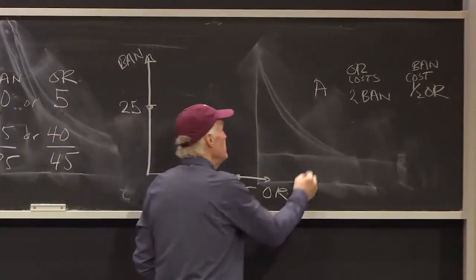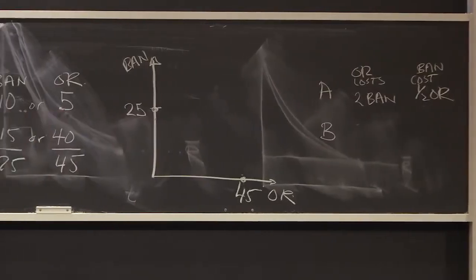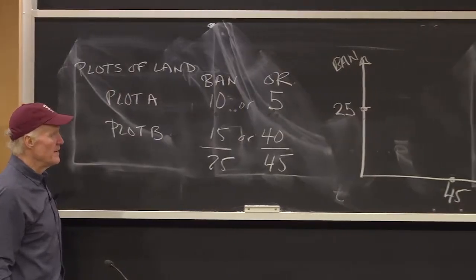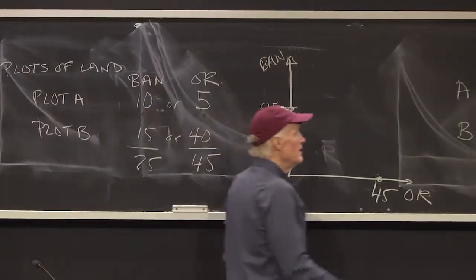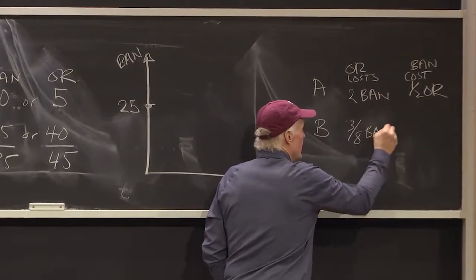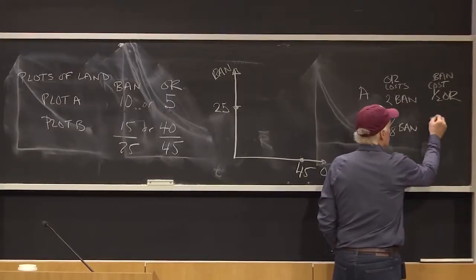What about on plot B? How much does an orange cost on plot B? 3/8 of a banana. And how much does a banana cost? Better be 8/3, right?